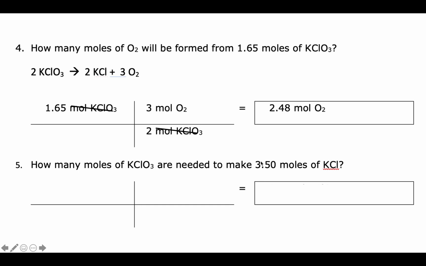So we first put what we have, the number that we have, on our dimensional analysis bridge. Now we want to get to how many moles of potassium chloride. So we need a ratio between potassium chloride and the potassium chloride. Right?